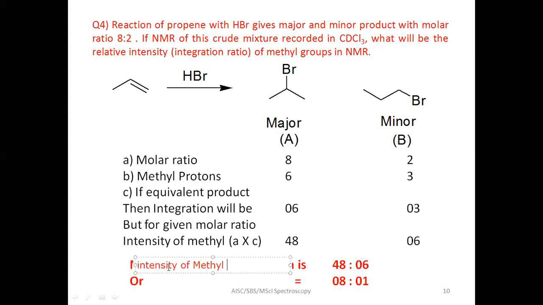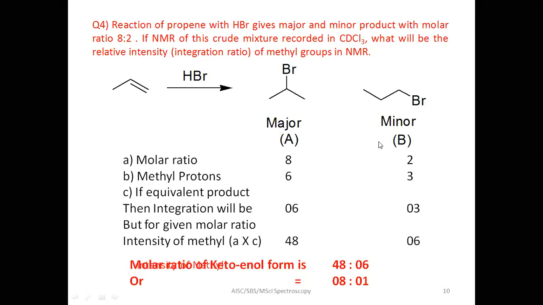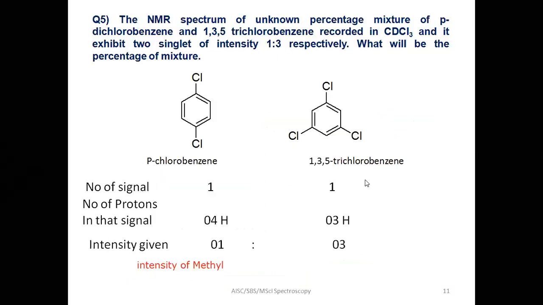There is a correction, it was pasted from the previous example. So the intensity of methyl is 8 to 1. Is that clear? If they are asking intensity, just multiply the number of hydrogens at that particular peak or group by the number of moles, how many molecules are present. That gives the intensity.